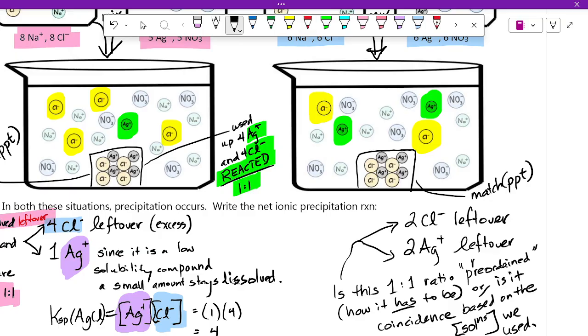Okay, has to be. Let's make that red so it stands out. Option A, preordained, or option B, just coincidence based on the solutions we used.